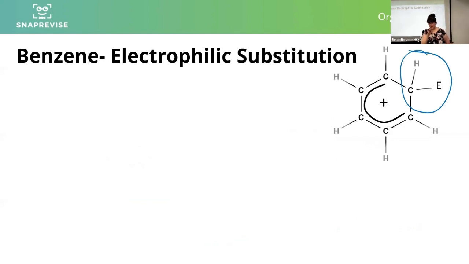Notice the position of the delocalized ring, just because in exams you may lose a mark if you're not careful. The shoulders, I'm going to call them shoulders, of the delocalization should sit as if this were a person and they were his shoulders or her shoulders. The delocalization should sit in line with the carbons that are on the shoulders of the benzene, where the head is where the substitution is happening.